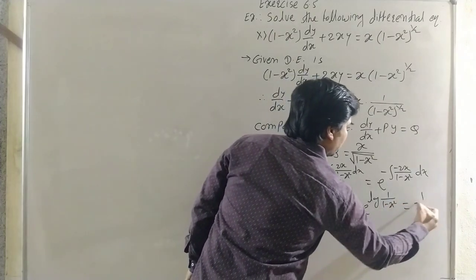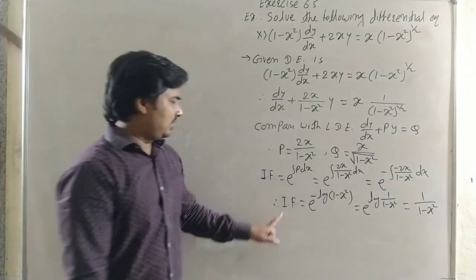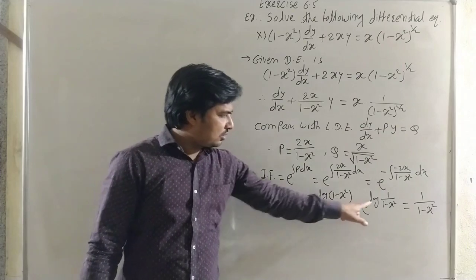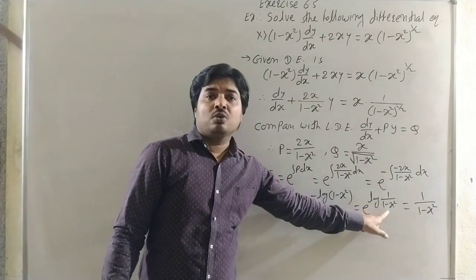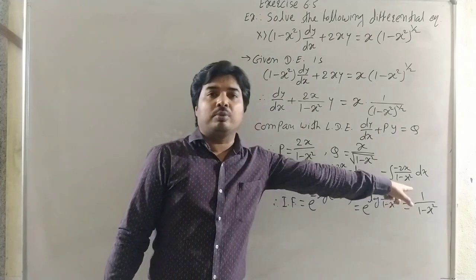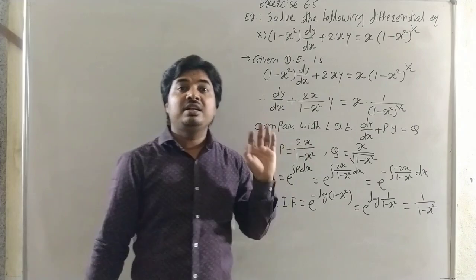It is minus log of 1 minus x square, so it is log of 1 upon 1 minus x square, and e to the power log of f of x is f of x. So 1 upon 1 minus x square is the integrating factor.